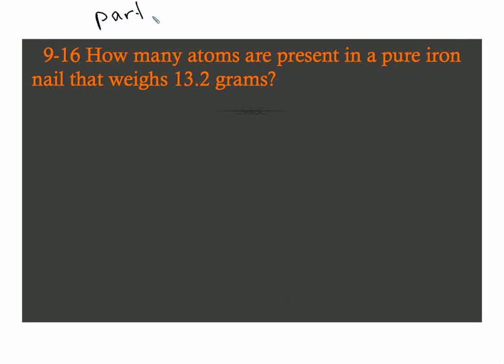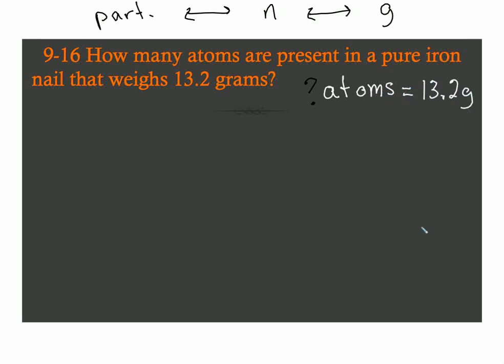So let's do a couple of these. So we've got particles to moles, moles to mass. All right? So it says question mark atoms. How many atoms are equivalent to 13.2 grams? So find your question mark. We always start with our given.